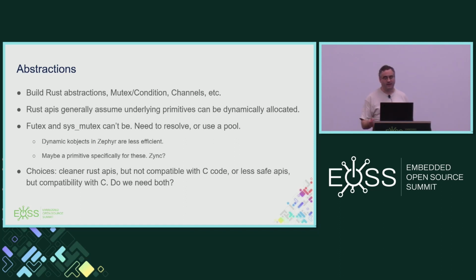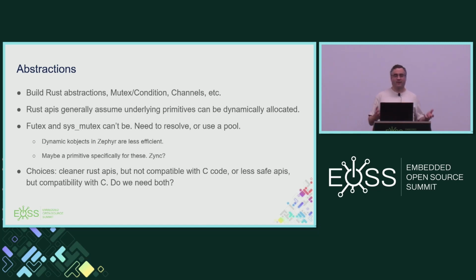We can have clean Rust APIs on these wrappers and end up with these things that aren't compatible with C code, or we can have less safe APIs, but then compatible with C code. And I honestly think the answer is that we're probably going to need both. There will be times where if you're using a library in C that needs a mutex, a FIFO, or some kernel data structure, you're going to have to use that kernel data structure from Rust, and there's probably going to be some unsafe involved.